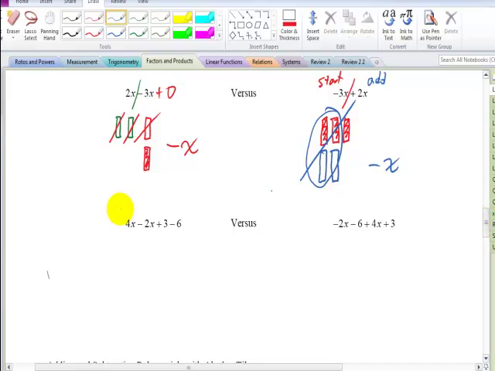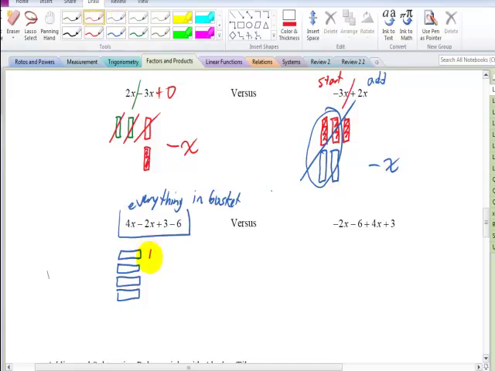Now, sometimes you can also think of this as a basket, right? You have everything in the basket. So what I want you to do is draw everything. 4x, draw a negative 2x.